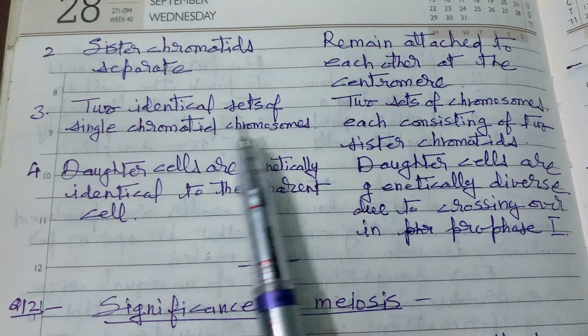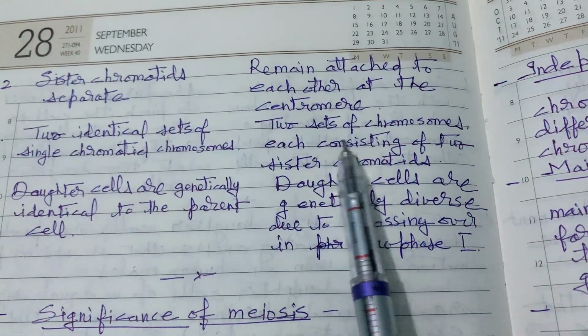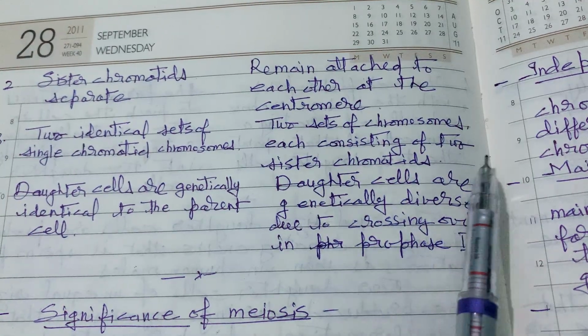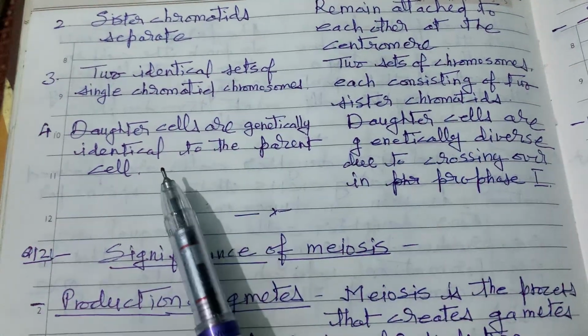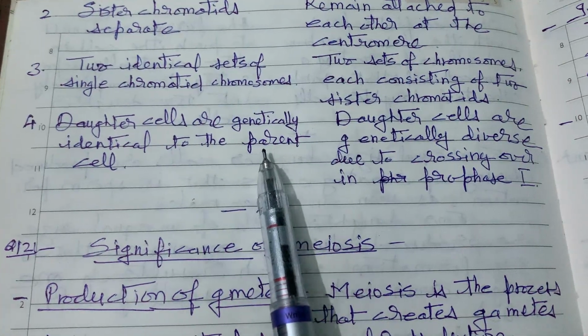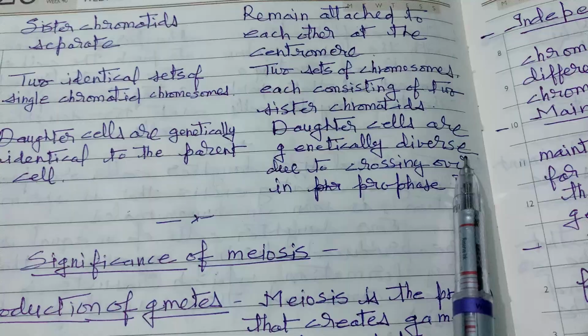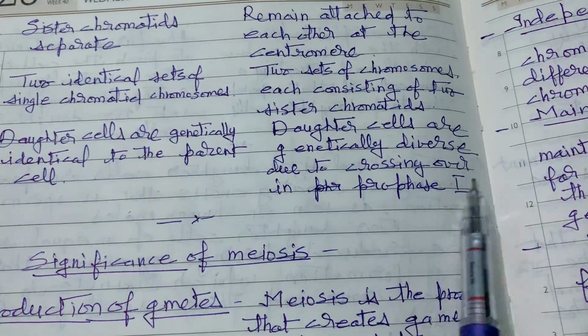Mitosis gives two identical sets of single chromosomes, whereas here there are two sets of chromosomes, each consisting of two sister chromatids. In mitosis, daughter cells are genetically identical to the parent cell, whereas in meiosis they are genetically diverse due to crossing over in prophase 1.